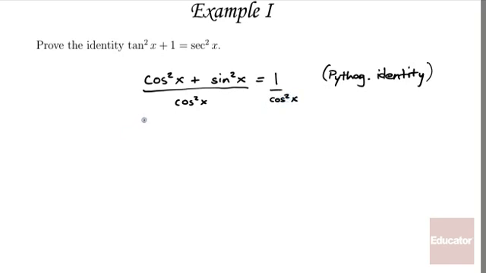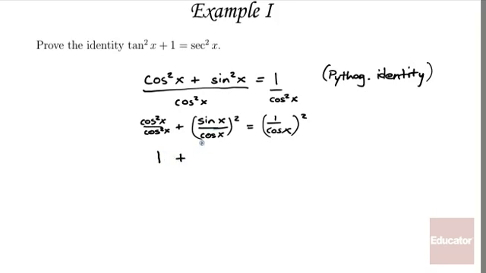And so on the left we get cosine squared x over cosine squared x plus, let me write it as, sine x over cosine x squared equals 1 over cosine x squared. And then of course cosine squared over cosine squared is just 1. Sine over cosine, remember that's the definition of tangent, so this is tangent squared x. 1 over cosine, that's the definition of secant x, so secant squared x.